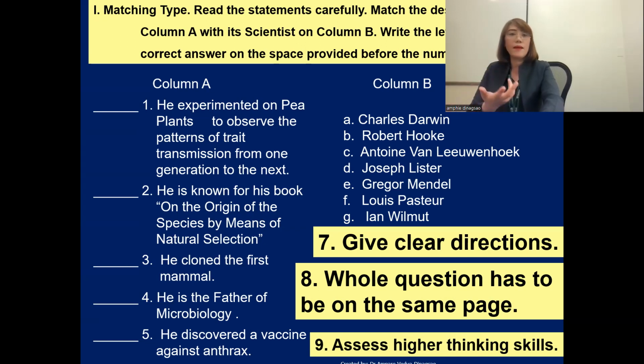Okay, let's say, for example, you have here column A examples of statements, and column B would be figures of speech, or they will identify figures of speech. So that assesses higher thinking skills, not just remembering level.